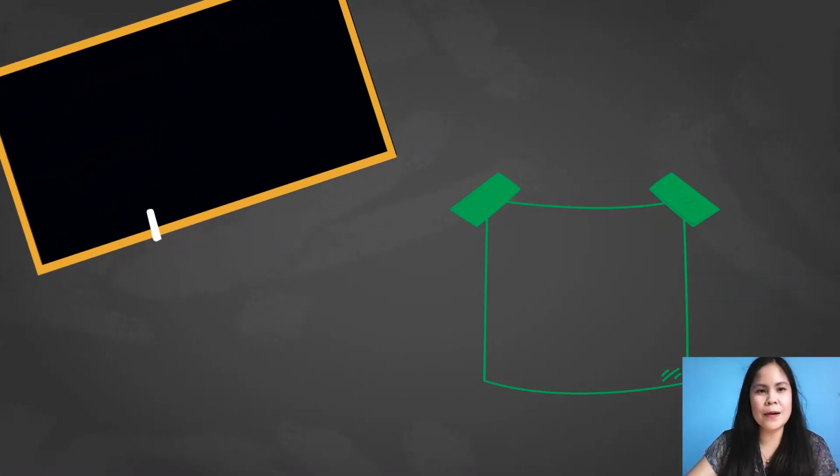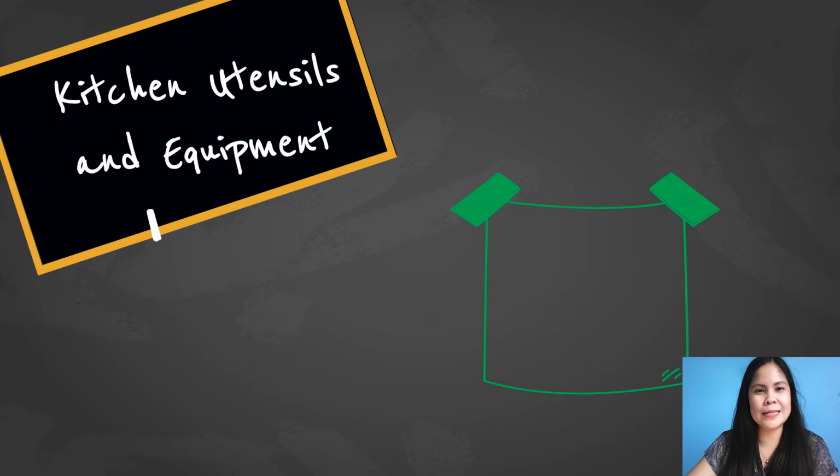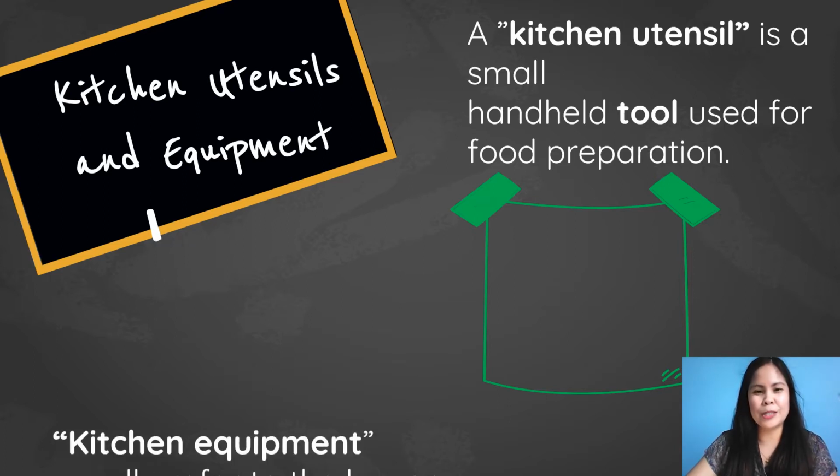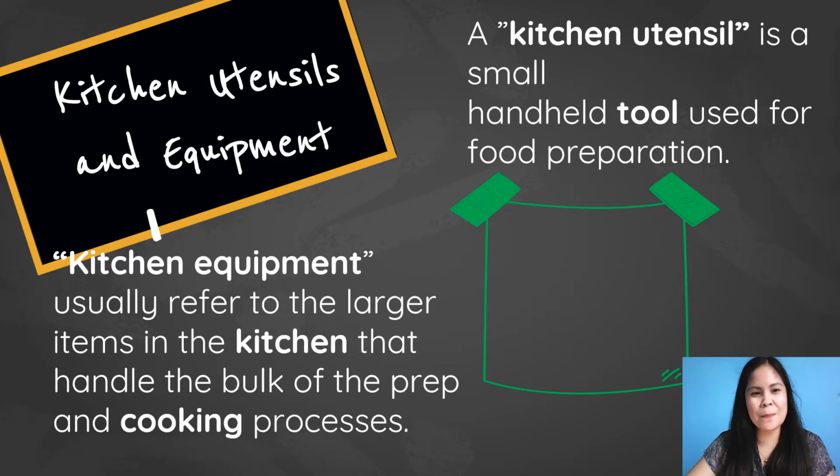Let us define first the words kitchen utensils and equipment. A kitchen utensil is a small handheld tool used for food preparation, whereas kitchen equipment usually refers to the larger items in the kitchen that handle the bulk of the preparation and cooking processes.